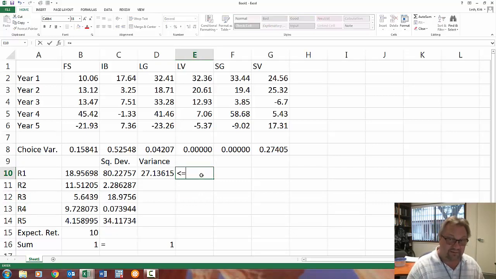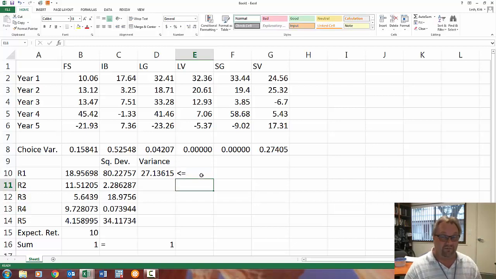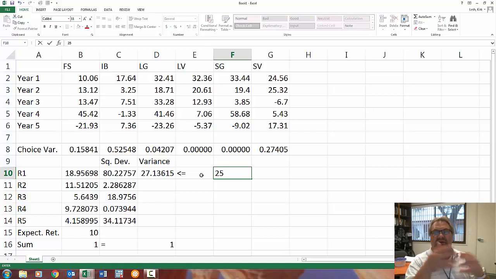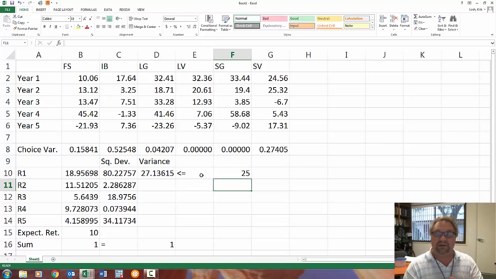So here I want a less than or equal to, because I want to minimize my variance. And so I'm just going to say 25. I'm only willing to take on a risk of 25%. Now listen, that's it. Now I am ready to solve this model. That one simple little change allows me to ask that question, to maximize the return subject to minimizing my variance. So let's give it a go.